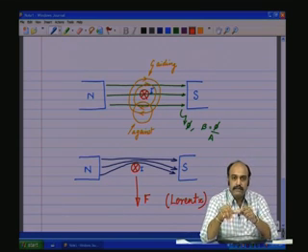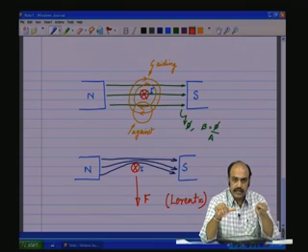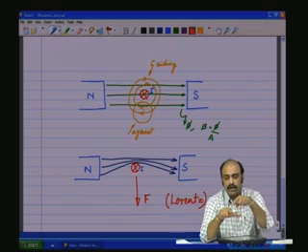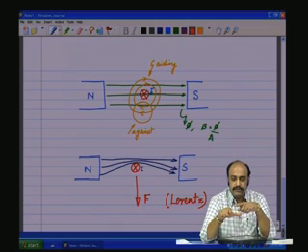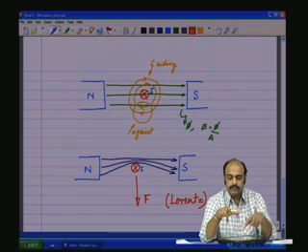If the thumb is pointing in the direction of the current flow in the conductor, and the forefinger or the index finger is pointing in the direction of the north-south magnetic field, then the middle finger, which is at right angles to both the thumb and the forefinger, you see that all three fingers form the three coordinates of a system, and each is orthogonal to the other.